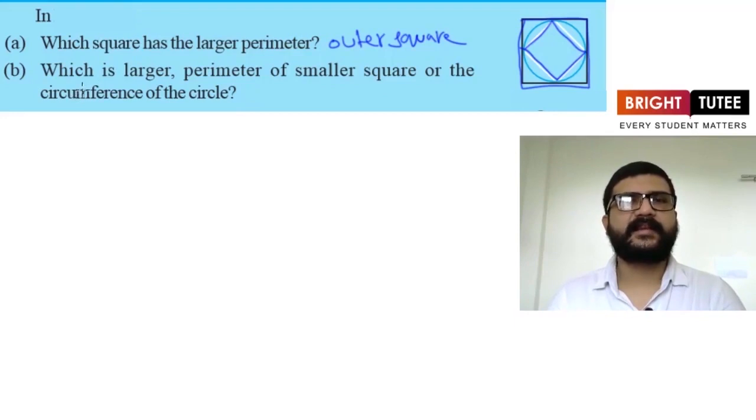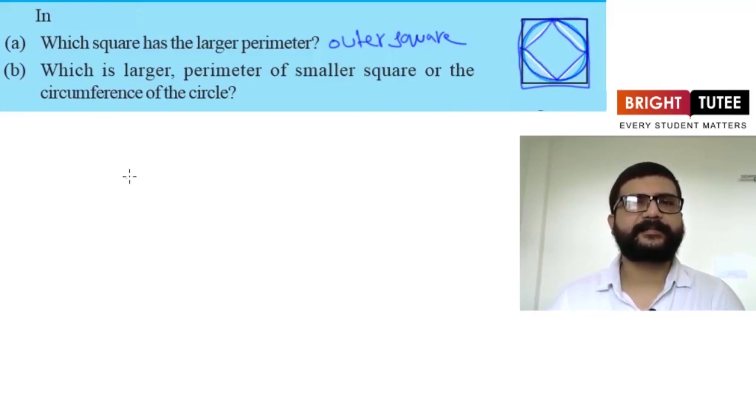Now the second question is, which is larger, the perimeter of the smaller square or the circumference of the circle? So here we are having a circle like this. Now what do you think, among circle and square, which one will have the larger perimeter?